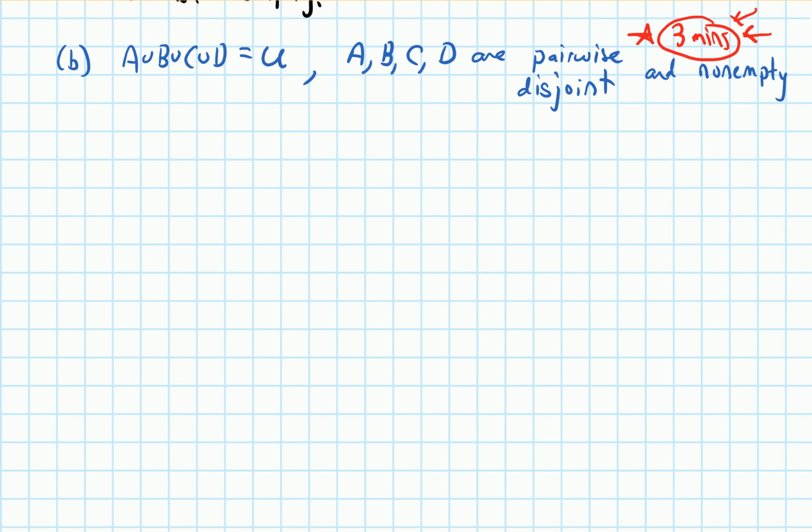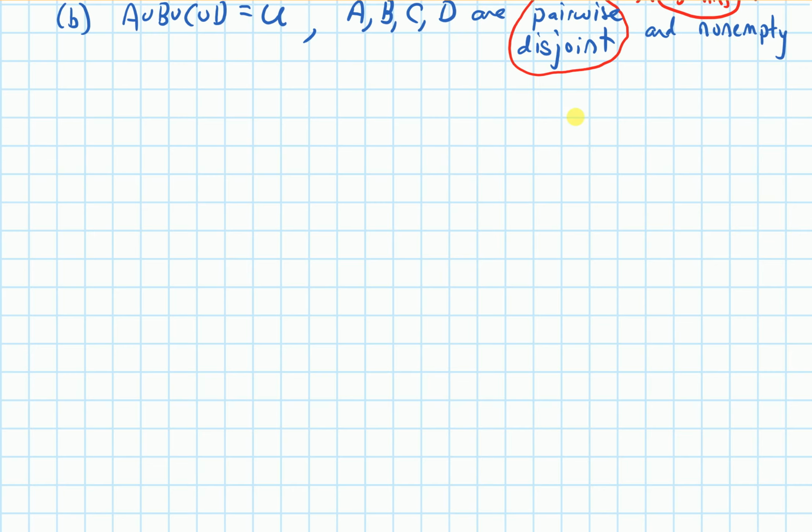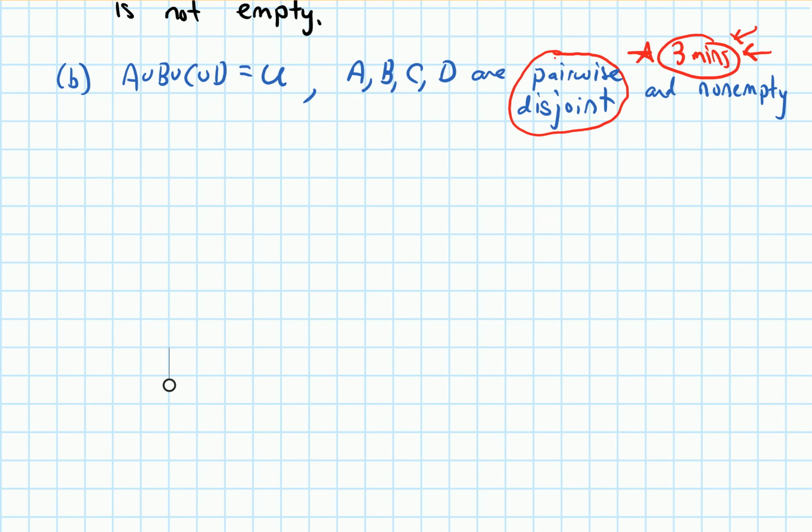So for this, I'm going to focus on the pairwise disjoint condition, because that's a bit different from anything that it said in part A. So let's recall what this means. What does pairwise disjoint mean? It means that when we draw the sets, there is no overlap between any two of the sets.